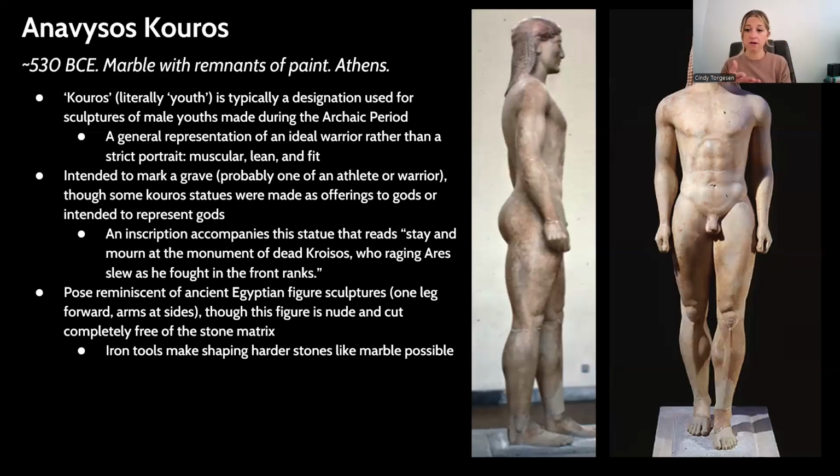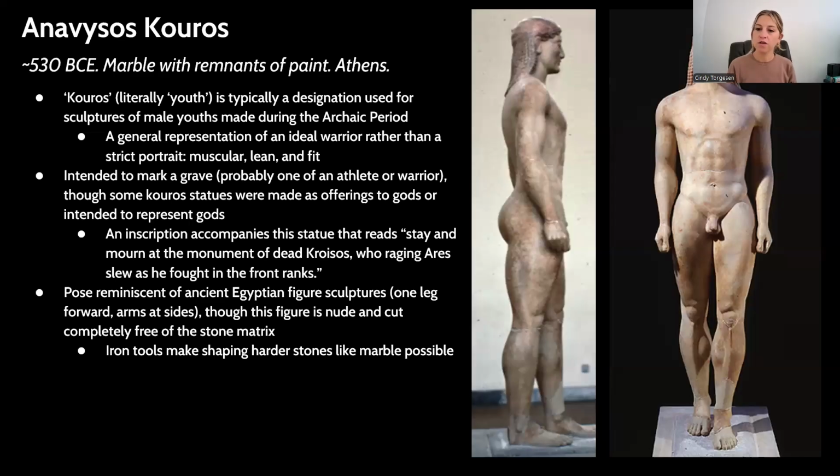The pose is very reminiscent of ancient Egyptian pose, like the King Menkaure figure that we were looking at. We see quite often this figure of this idealized form with the hands at the side, this rigid posture, striding forward.